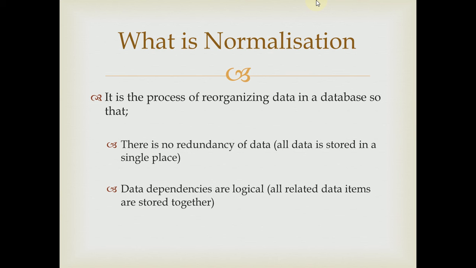So relational databases solve these problems, and they solve them by applying the concept of normalization. Normalization is a process of reorganizing your data in a database so that it solves those two problems that we looked at: data redundancy and data dependencies.